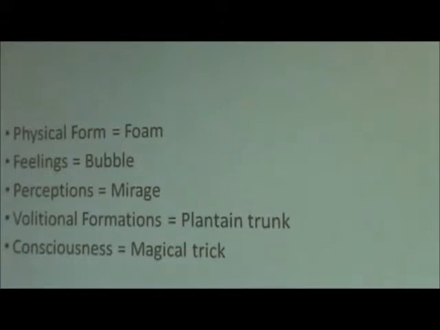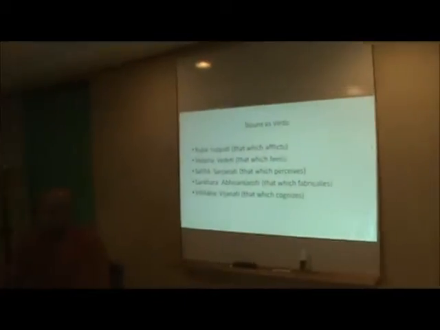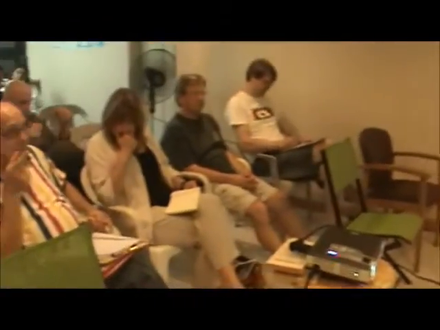Yes, Dan? I'm still having trouble distinguishing physical form and feelings. In the slide that you had up just prior, I think it was rupa, that which afflicts, and vedana, that which feels. So is rupa more on the objective side of the subject-object divide?